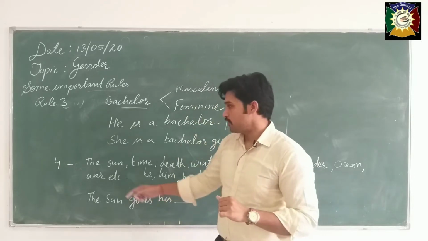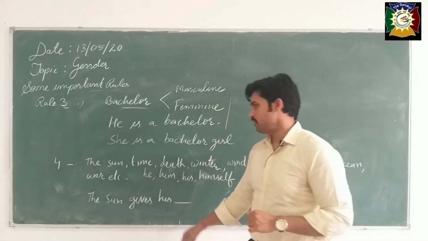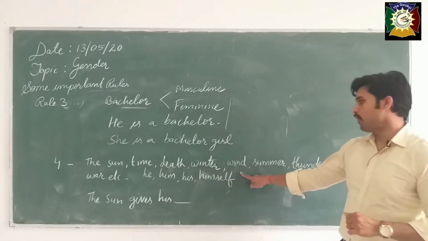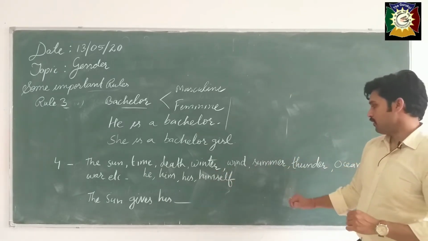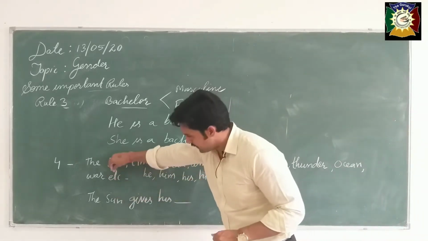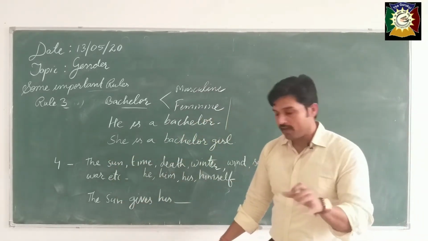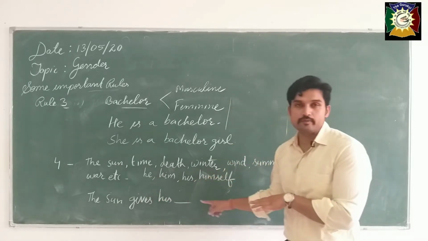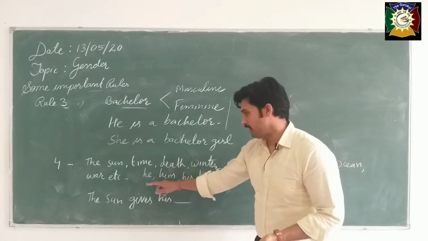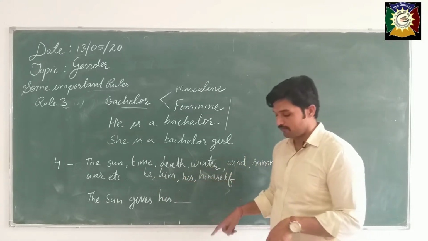Now look at these words: the sun, time, death, winter, wind, summer, thunder, ocean, war, etc. They have to be used with these pronouns considered as masculine. So he, him, his, himself, etc.